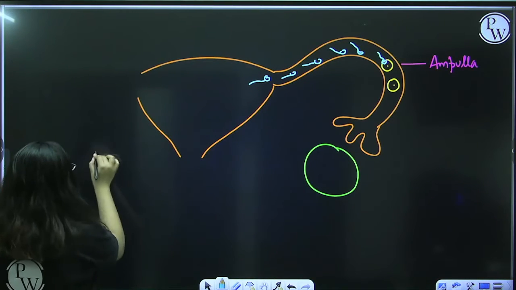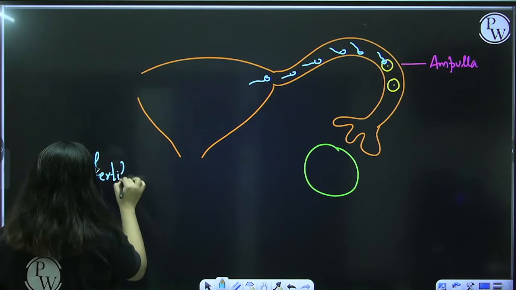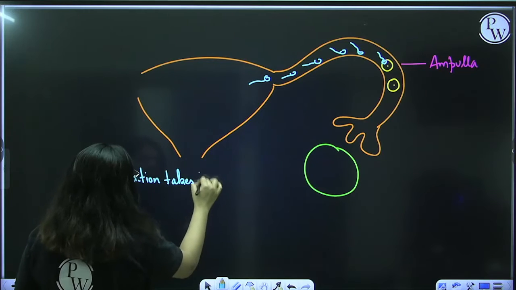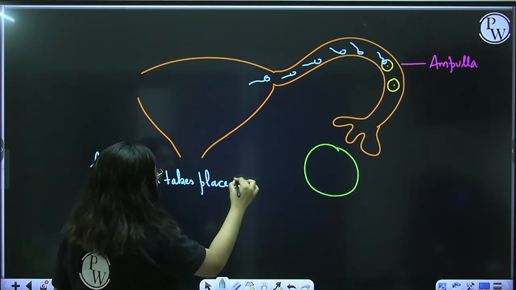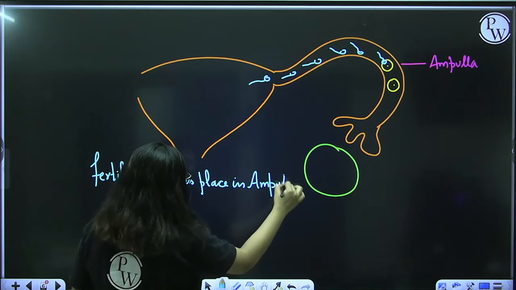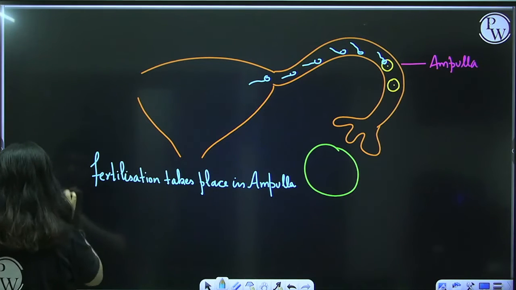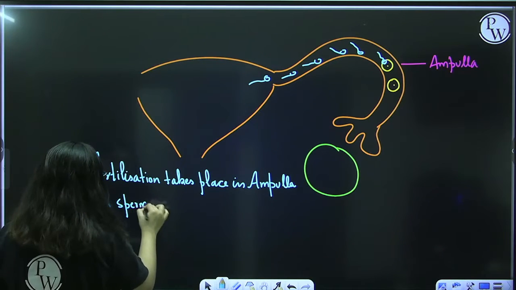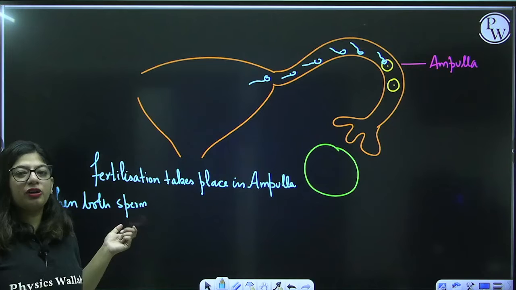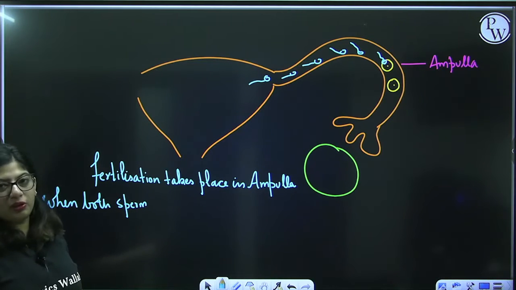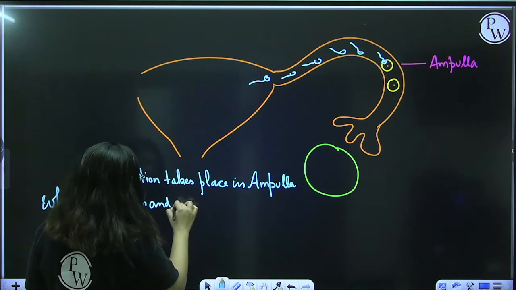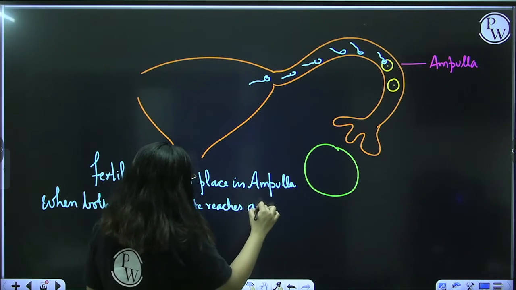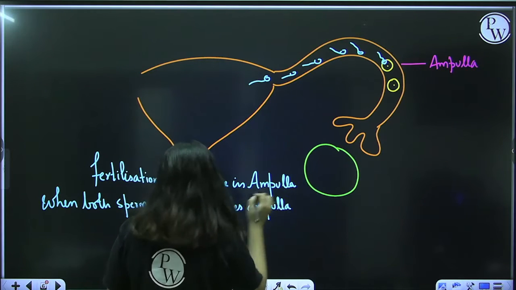So we say fertilization takes place in the ampulla when both sperm and ovum, now do not mislead it, both sperm doesn't mean two sperms, we are talking about sperm and oocyte, right? Both sperm and oocyte reach the ampulla simultaneously.